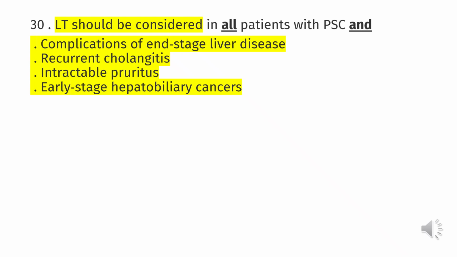So liver transplant should be considered in all patients with PSC who develop complications of end-stage liver disease, or have recurrent cholangitis, or have intractable pruritus who failed all the previous modalities of treatment for pruritus, as we previously mentioned, and then finally the presence of early stage hepatobiliary cancers.